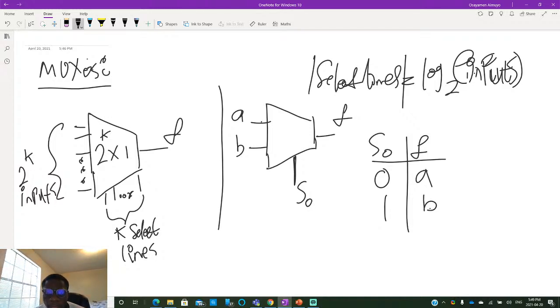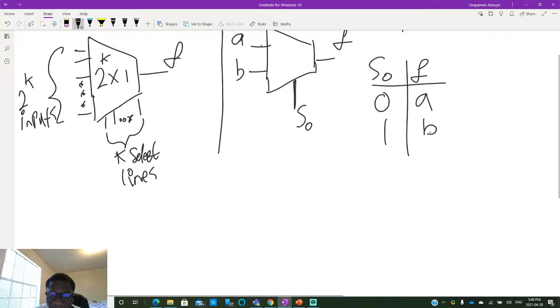So yeah, that's pretty much it for muxes. And they're very useful components as well. We would be working on a processor design problem, and muxes will show up again, so definitely keep them in mind.